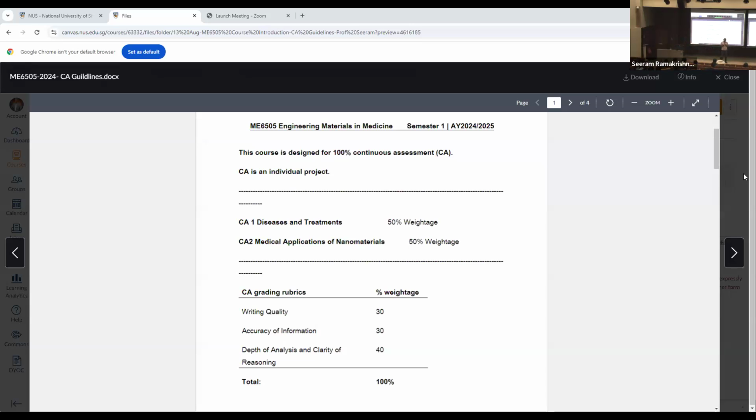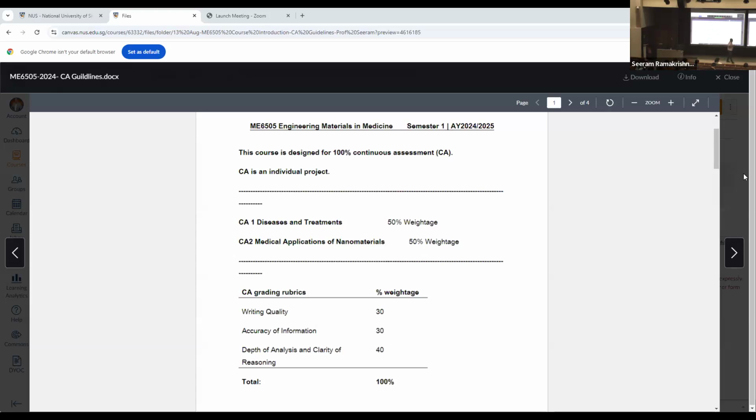Initially it was 3,500 words each, now we changed to 3,000 each. I also had different definitions like critical illness, terminal illness, and unmet clinical needs, but I changed it to a more simplified version. Any disease is fine. And there is a clearer definition of nanotechnology in the medical field.